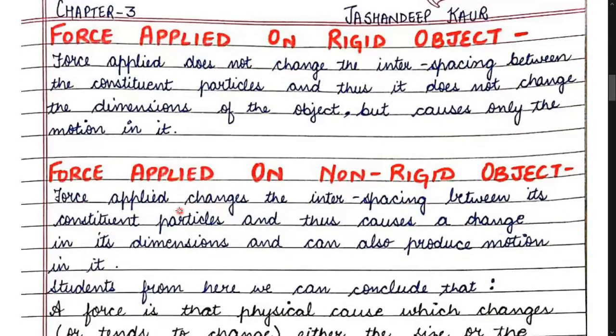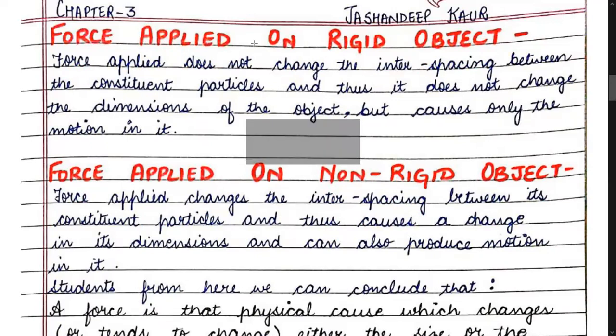Now, children, we will study the effect of force applied on rigid objects and on non-rigid objects. Firstly, let us see what happens when force is applied on a rigid object. Children, when force is applied on a rigid object, the force applied does not change the interspacing between the constituent particles.